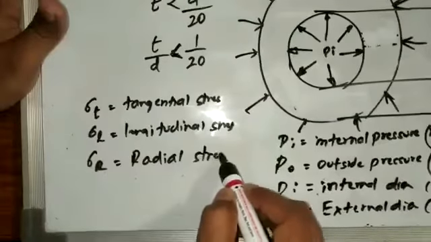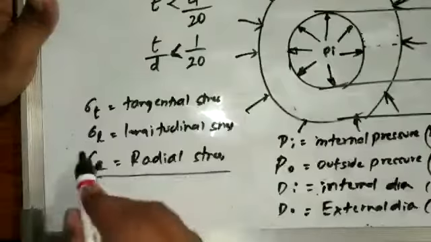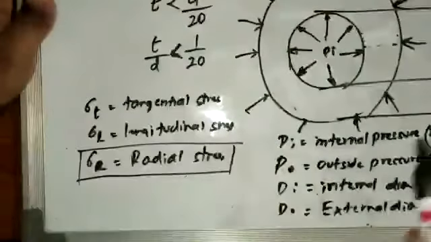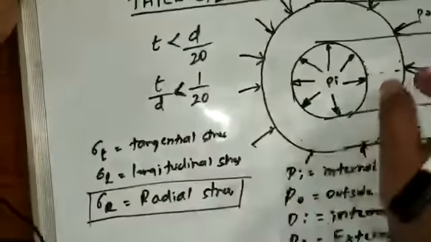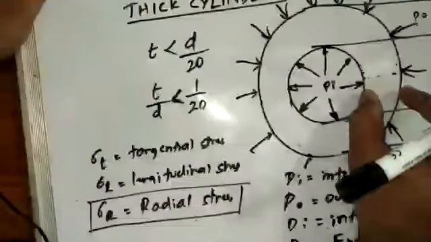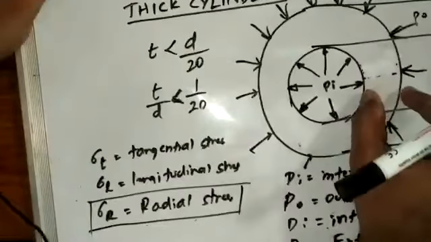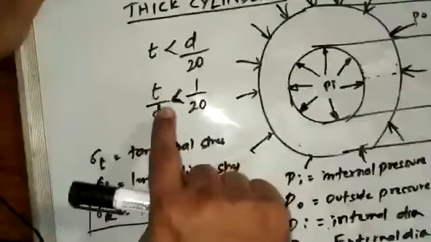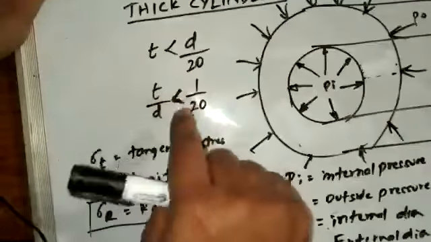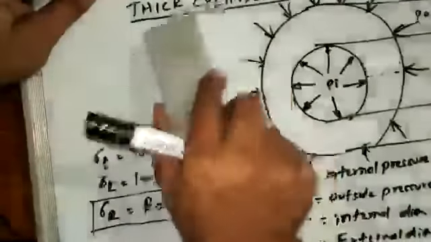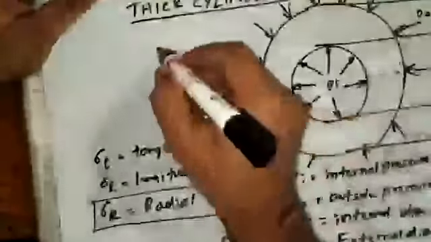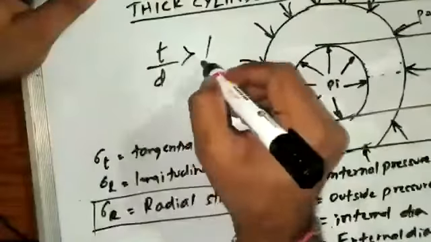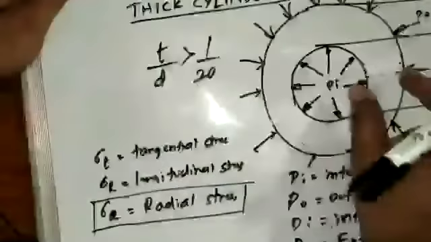In thin cylinders, we are ignoring this radial stress. Radial stress is negligible since the thickness of that particular cylinder is small. Obviously here, for a thick cylinder, the T by D ratio will be greater than 1 upon 20, so the thickness of the shell will be more.